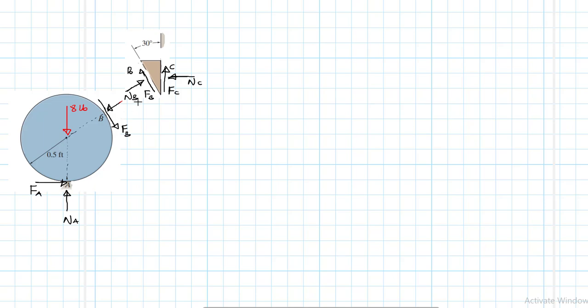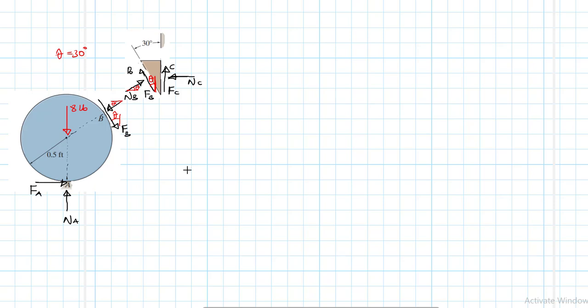This angle here is 30 degrees, and so is this angle here, and this angle here, and this angle here. That angle there is also 30 degrees.